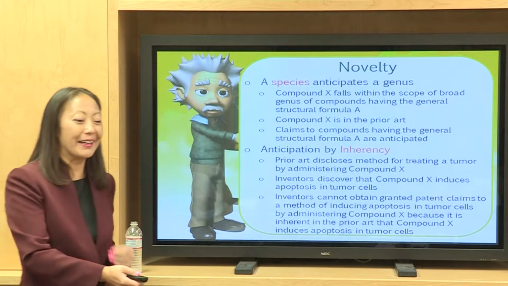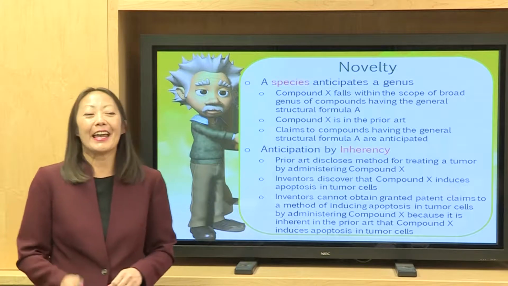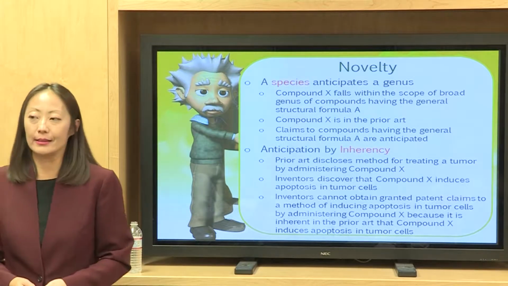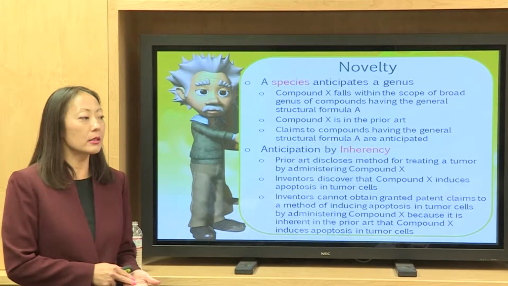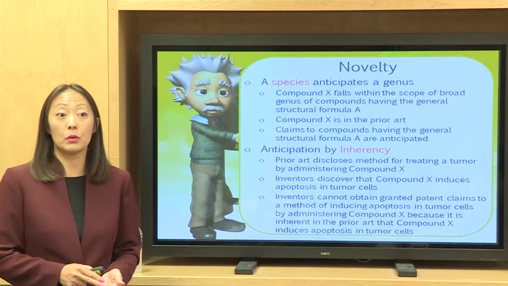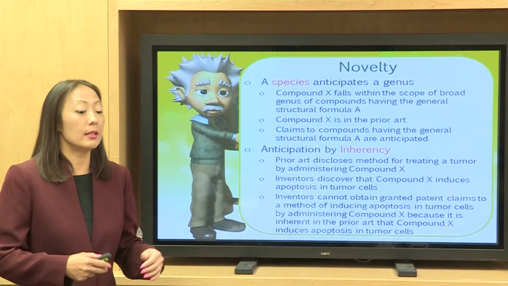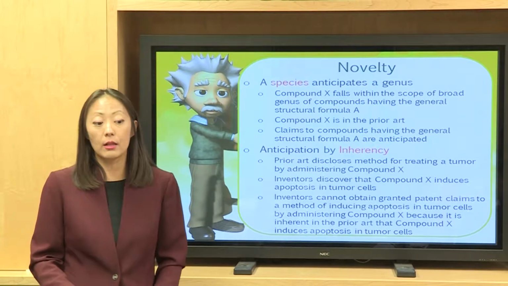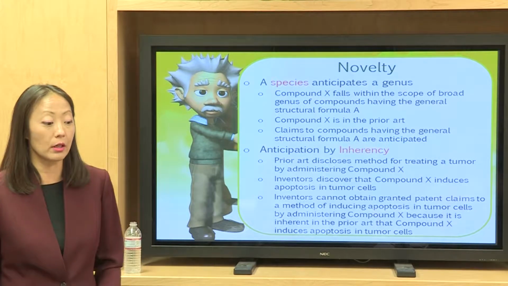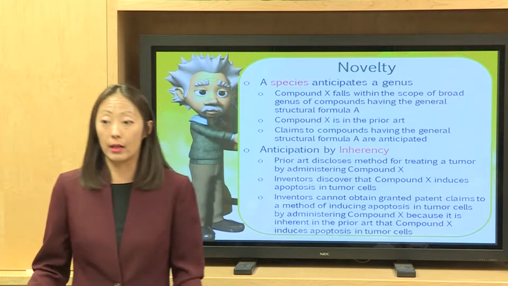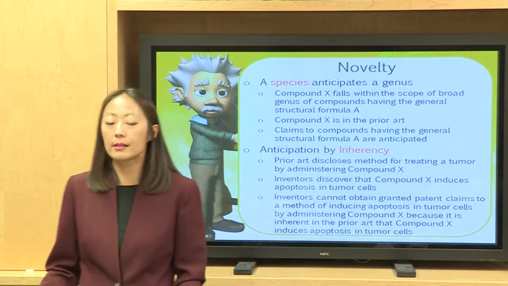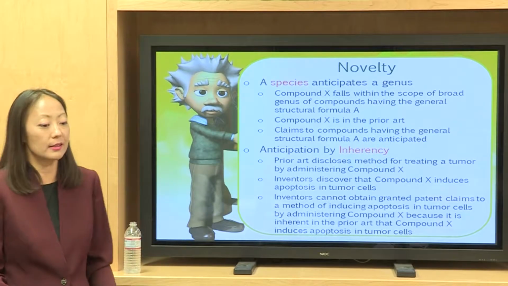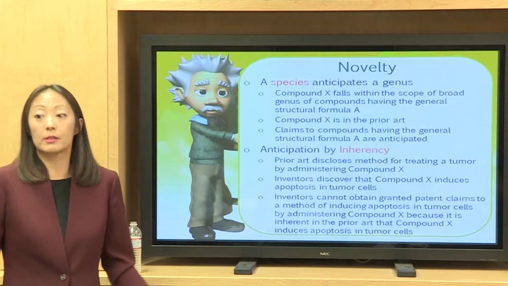And the next issue is anticipation by inherency. Especially in biotech, we run into issues of anticipation by inherency. So, for example, prior art discloses a method for treating a tumor by administering compound X. The inventors discover that compound X induces apoptosis in tumor cells.